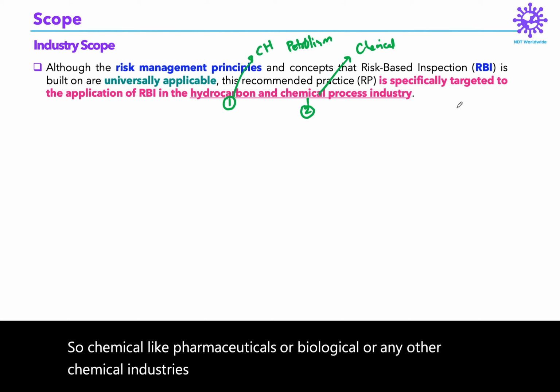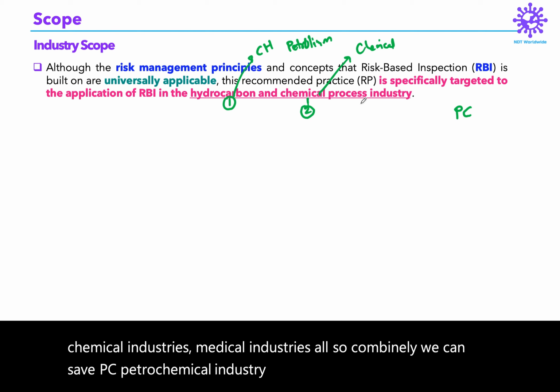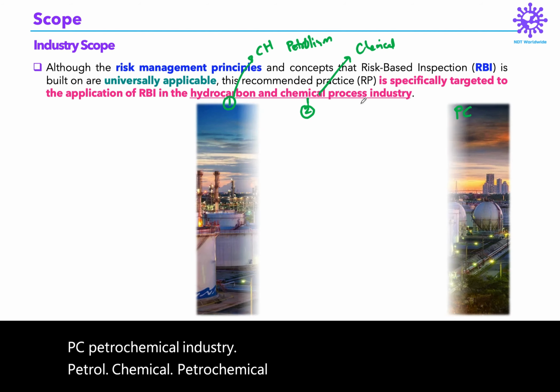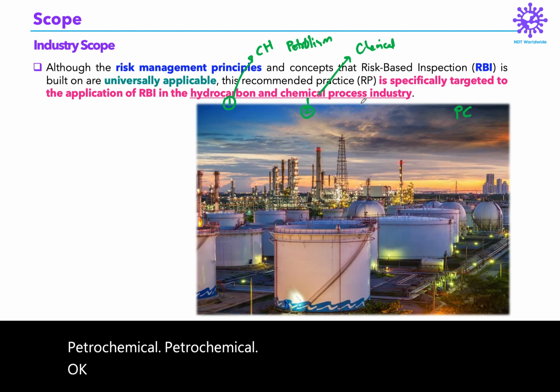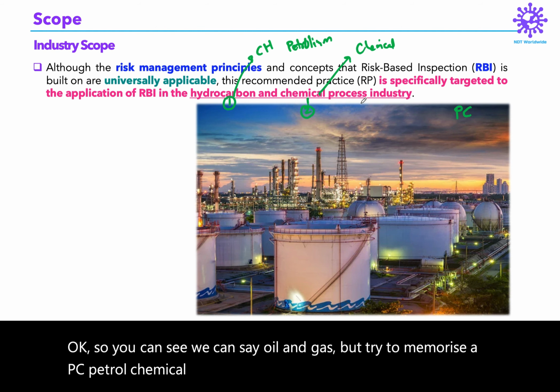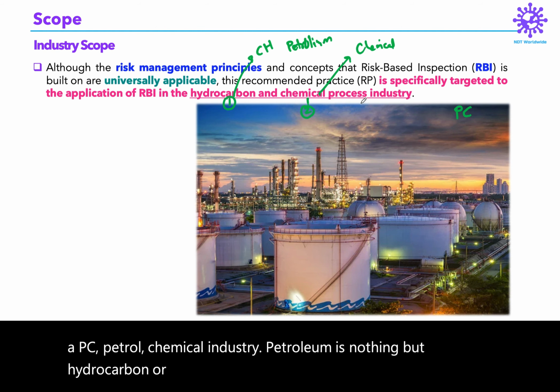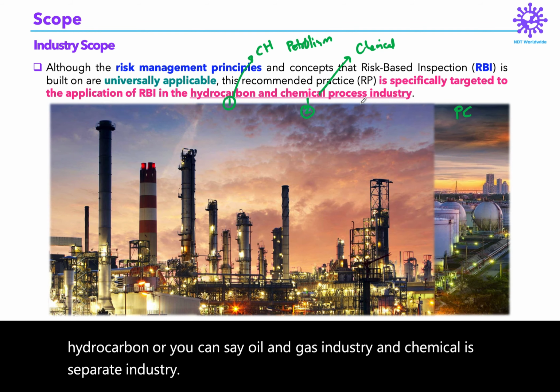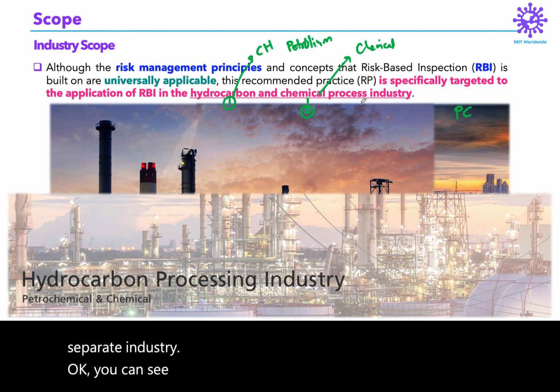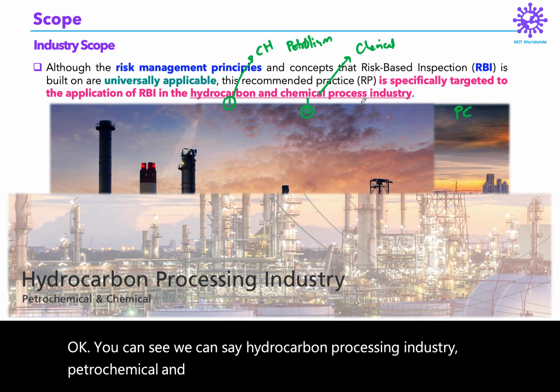Combined we can say PC, petrochemical industry. We can say oil and gas, but we try to memorize it as PC, petrochemical industry. Petroleum is hydrocarbon, or oil and gas industry, and chemical is a separate industry. We can say the hydrocarbon processing industry, petrochemical and chemical.